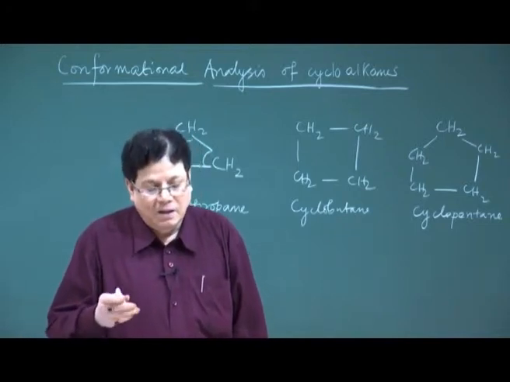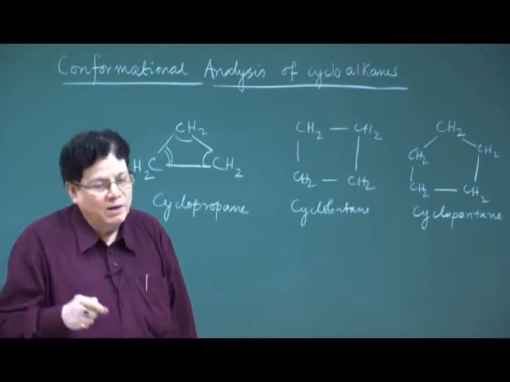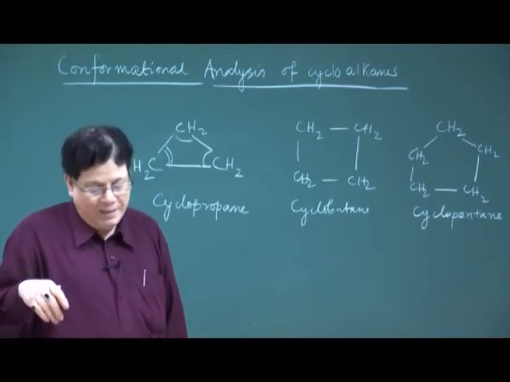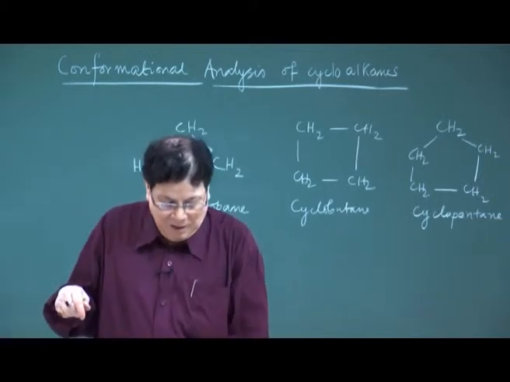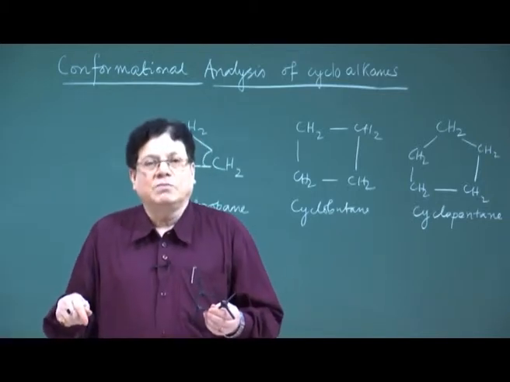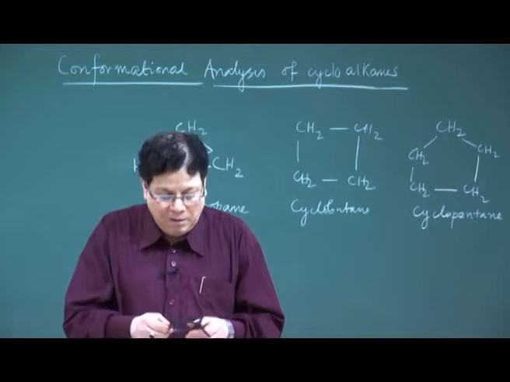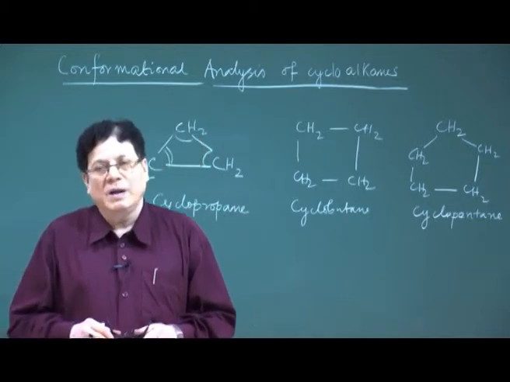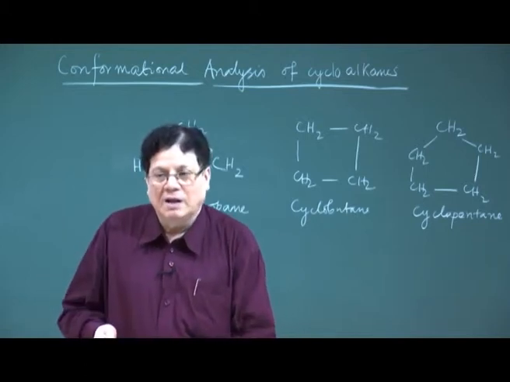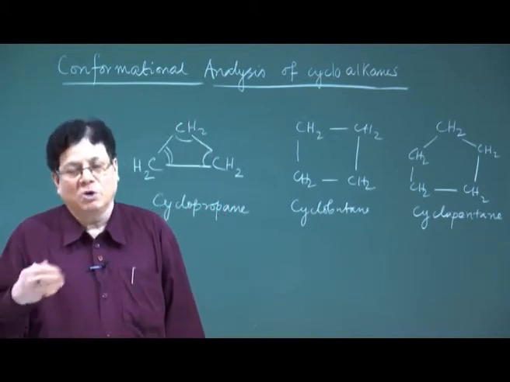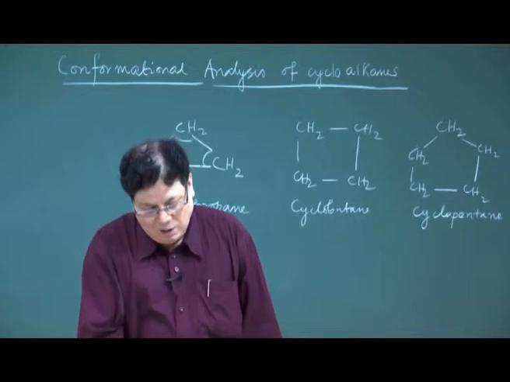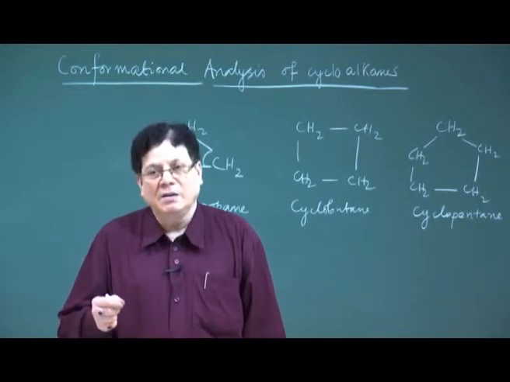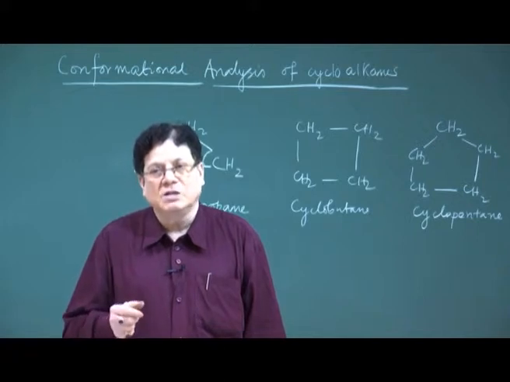So, Bayer was the one who proposed that these cyclic molecules are all planar, and while adopting this planar conformation, they suffer from what is called this angle strain. So, in addition to the other kinds of strain, which are the torsional strain or steric strain, it also suffers from another strain, a new concept, which is the angle strain.